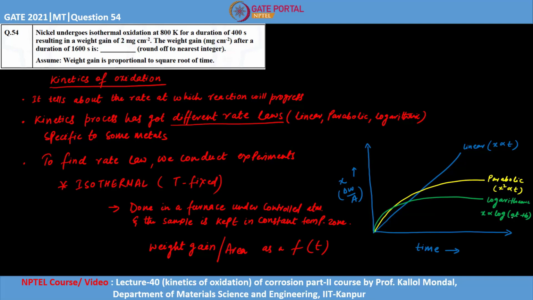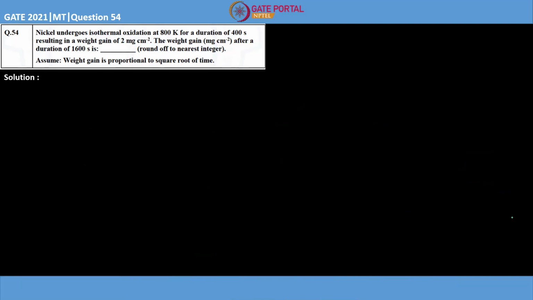So now let's move to solve this problem. So we have some data given here. We have been given that the isothermal oxidation is taking place at temperature T equal to 800 Kelvin and the duration is 400 seconds in one case.